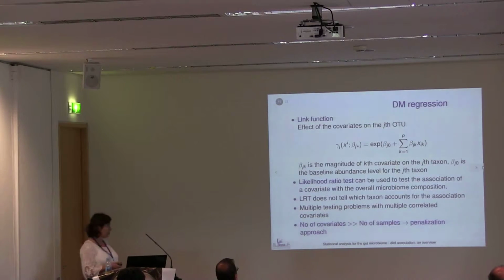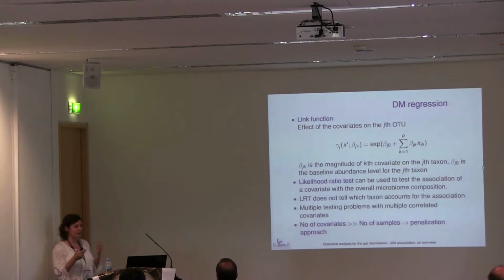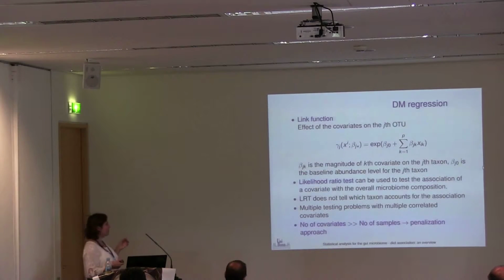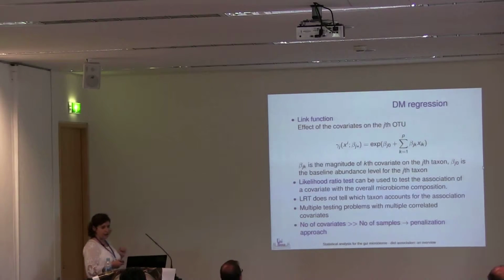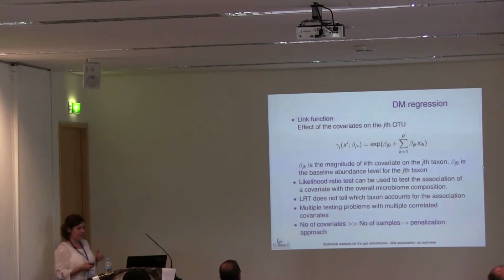Now, mathematically it makes sense, and it makes the computation easier if you add what's called the link function. So instead of considering a beta coefficient which links each taxon with each covariate, you take actually the logarithmic link function, and you have an exponential relation between covariates and taxon.